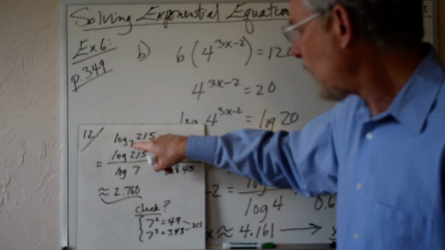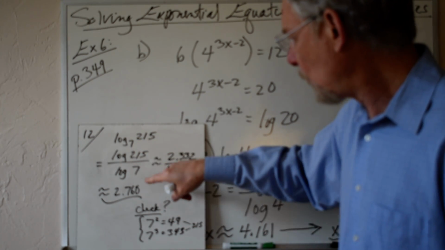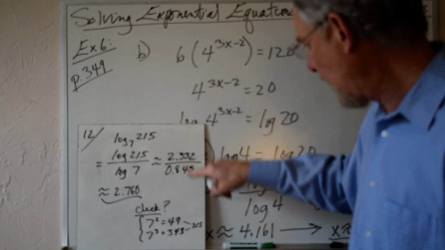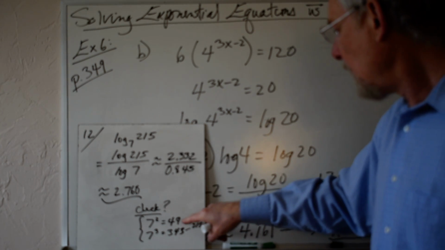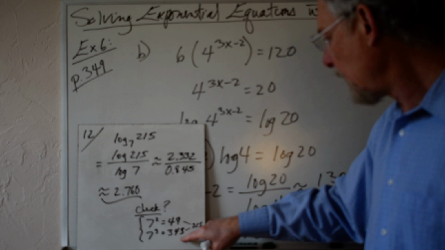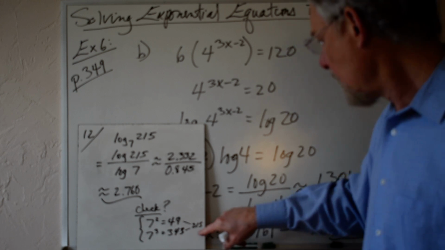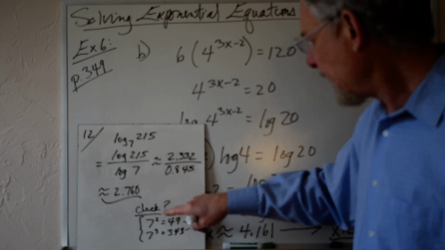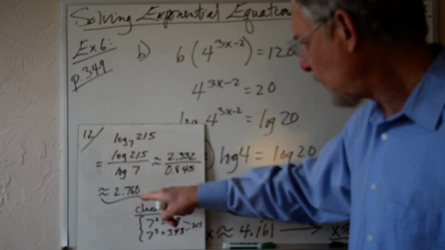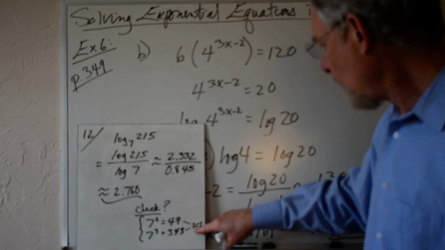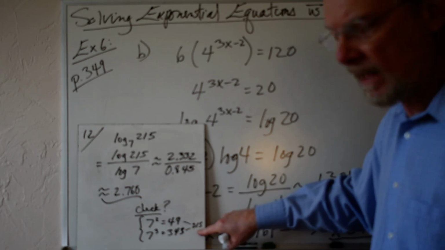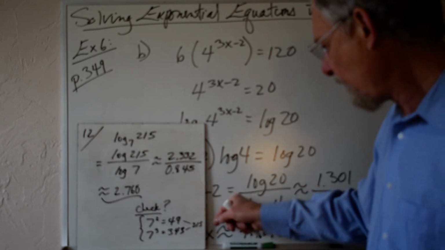We are basically trying to get 7 to such a power that it equals 215. 215 is between 49 and 343. So it seems pretty plausible that 7 to the power 2.760 is going to land where we want it to land, at 215.